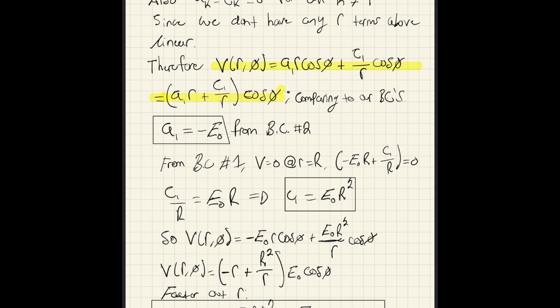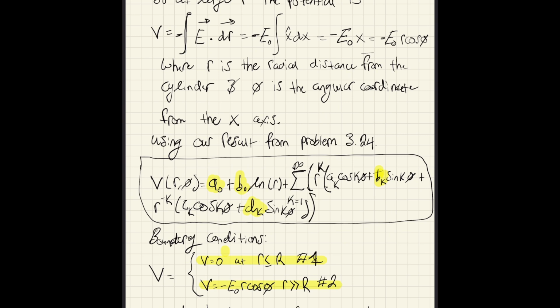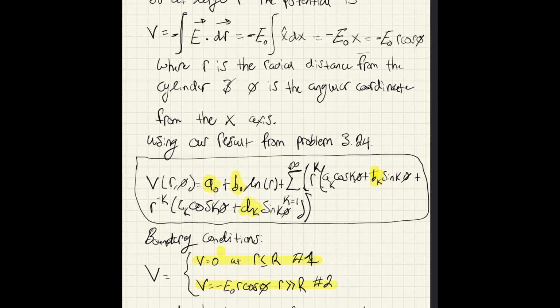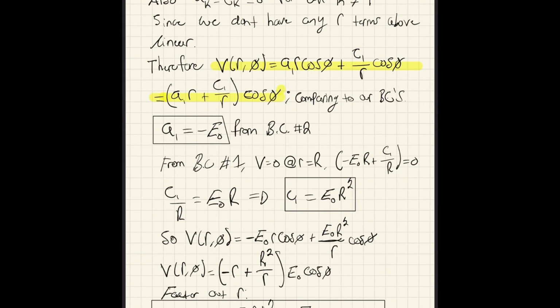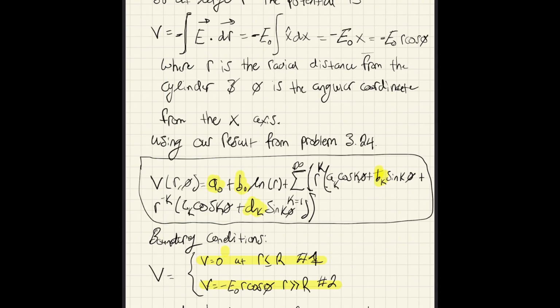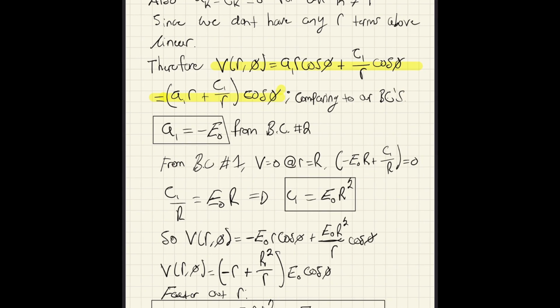So just from pure observation, we can tell that taking the second boundary condition, the potential must be minus E naught r cosine phi when r is much greater. So when little r is very big, the second term goes away, because that will approach infinity, and 1 over infinity is 0.